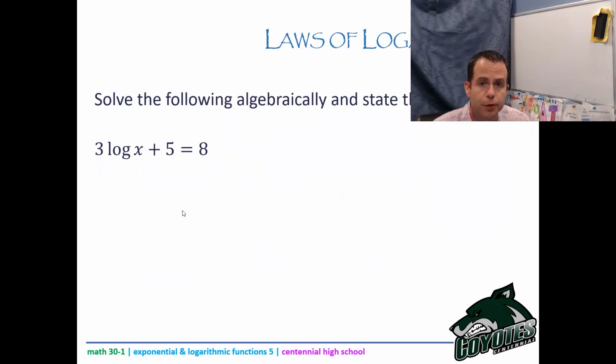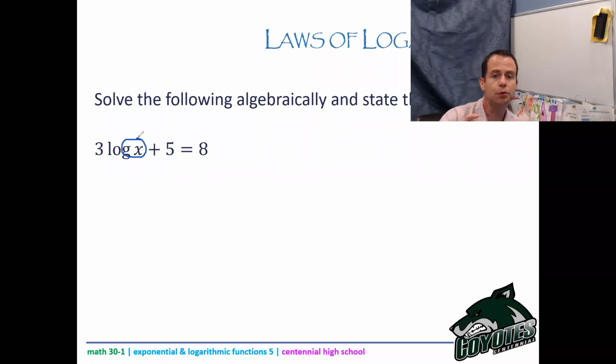So, first question, solve the following algebraically and state the domain. Now, we gotta think about restrictions. Remember that you can't take the log of a negative number. So as soon as you see this x right here, there are restrictions on that x because I can't take the log of a negative number. So we would have to say x is greater than 0.